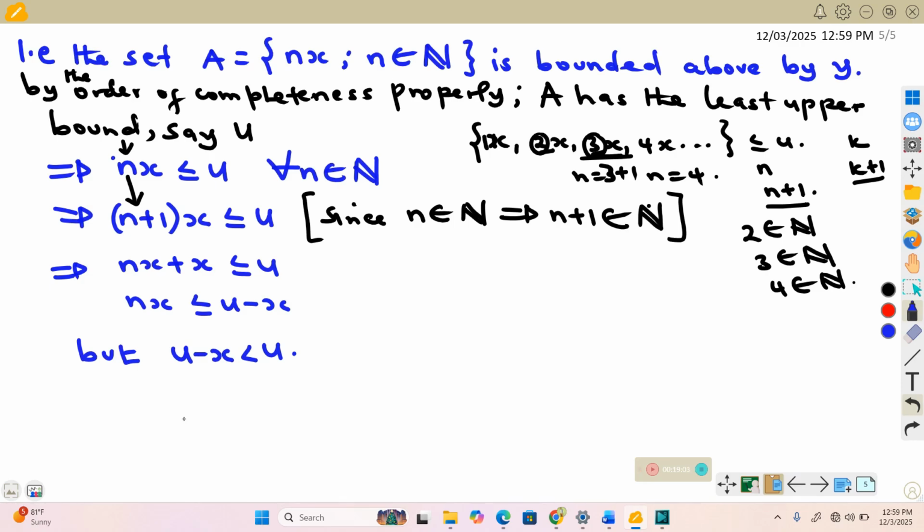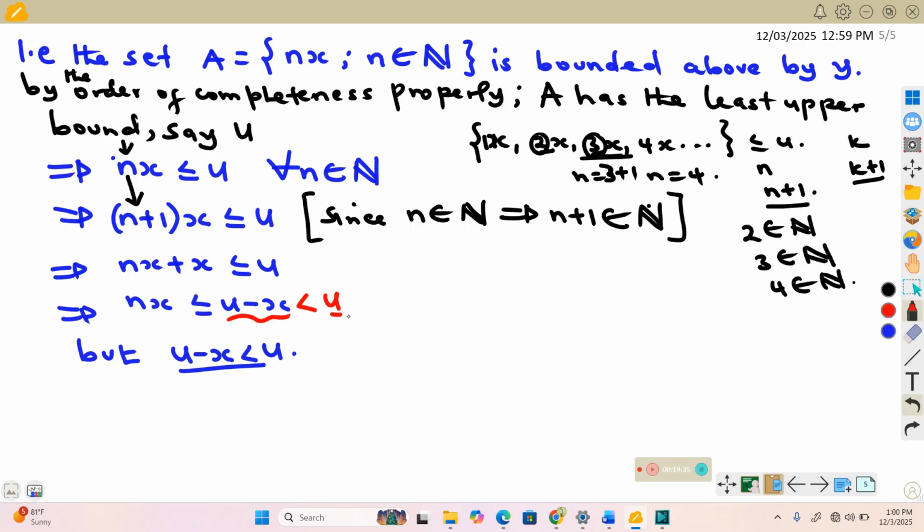So what does this statement imply? We are saying this implies that nx is less than or equal to u minus x, but u minus x is less than u. Because if your u is a given value, then when you subtract another value x, remember x is from the set of real numbers and x is positive, then this number will be less than u.